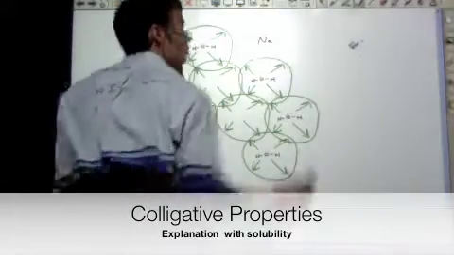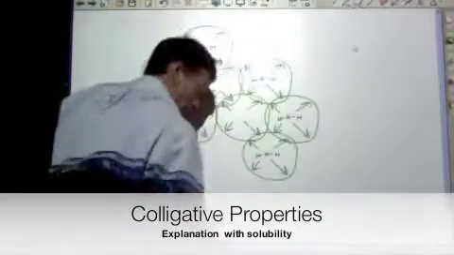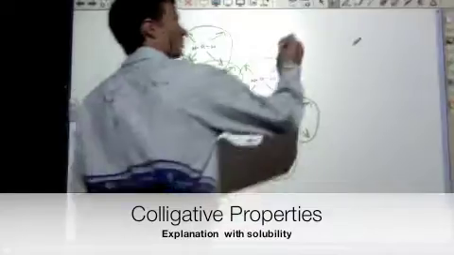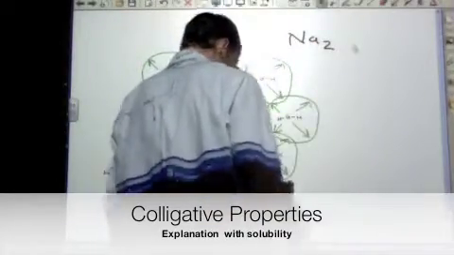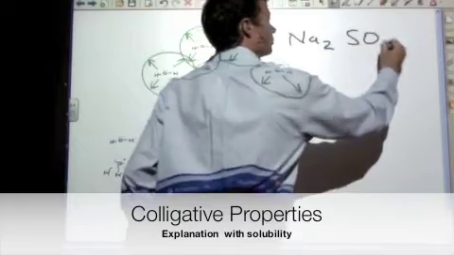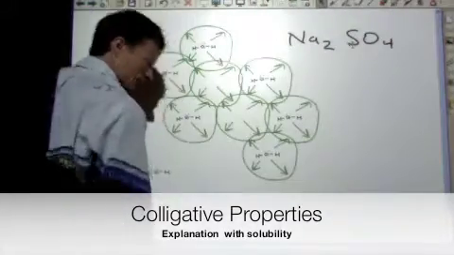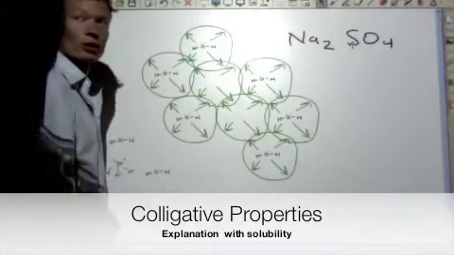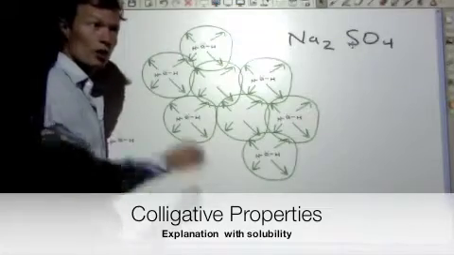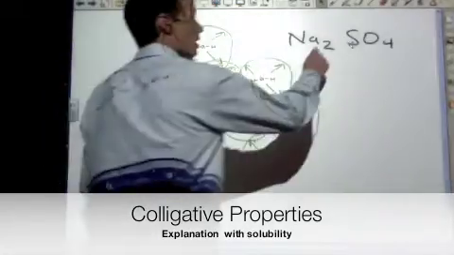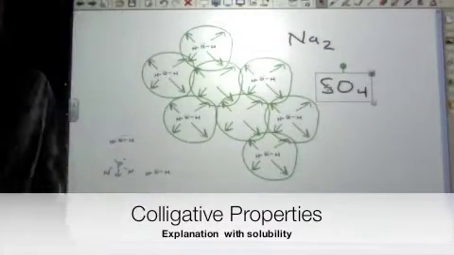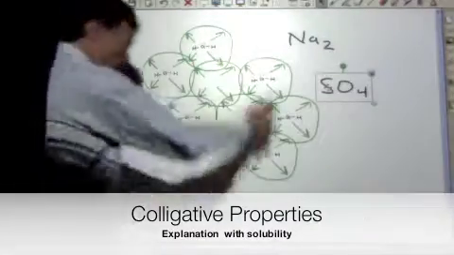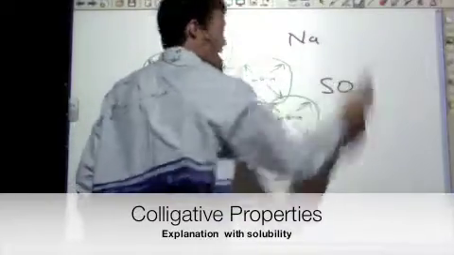What if it wasn't sodium chloride? What if it was sodium sulfate? Now I throw this into the solution. It's ionic, so it dissociates. The sulfates, since those are polyatomic, stay together. The sodiums do not.